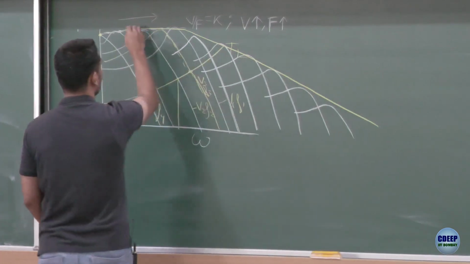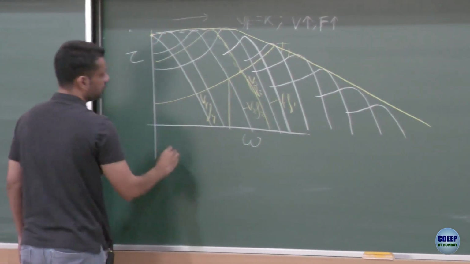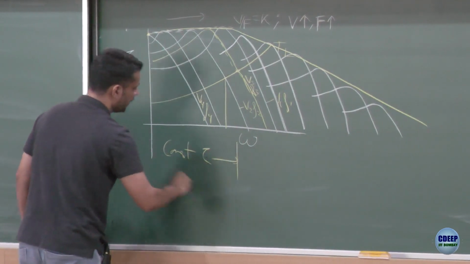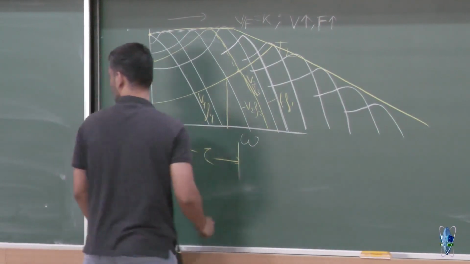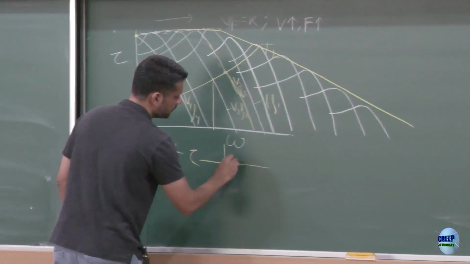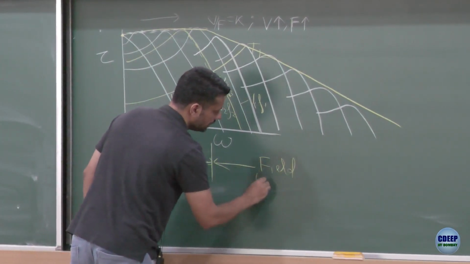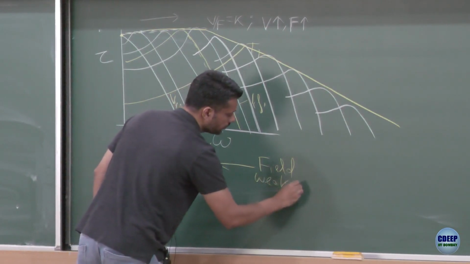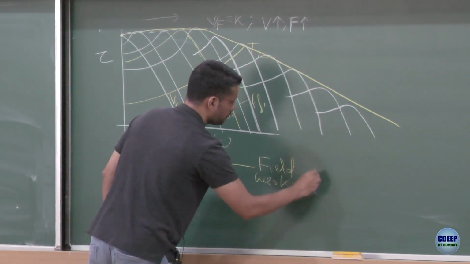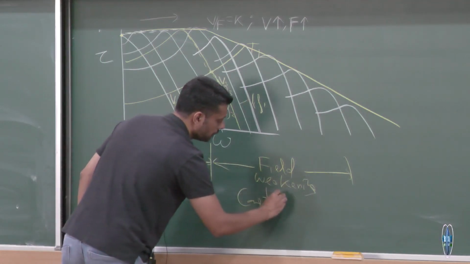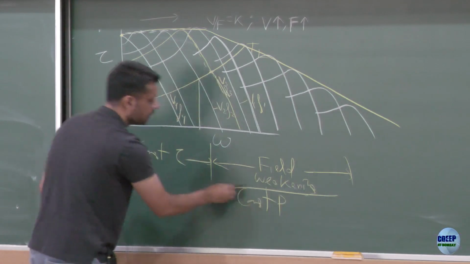So this is your constant torque zone up to this part, and beyond this is the constant power zone, right?